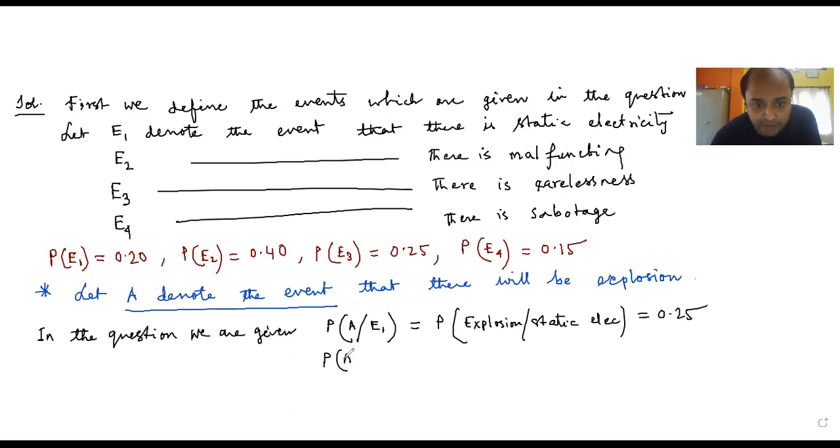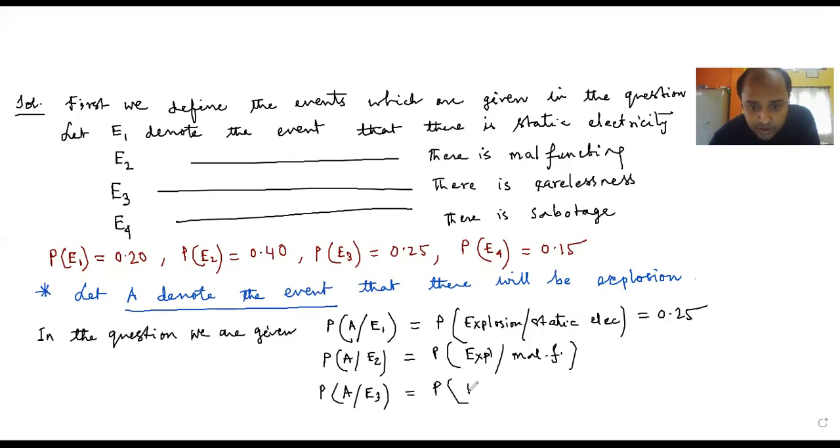Probability of A given E2. Let me write all the things first of all. It is probability of explosion given that there is malfunctioning. Probability of A given E3 is the probability that there is explosion given that there is carelessness. And probability of A given E4 is the probability that there is explosion given that there is sabotage.